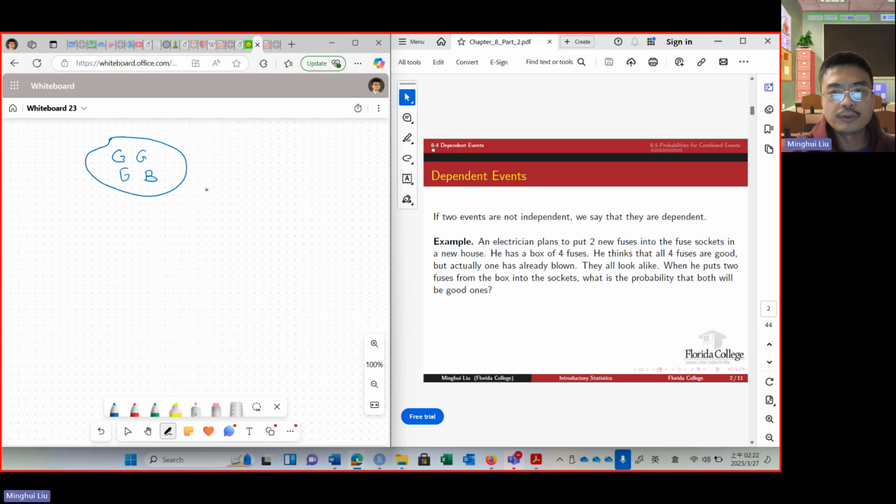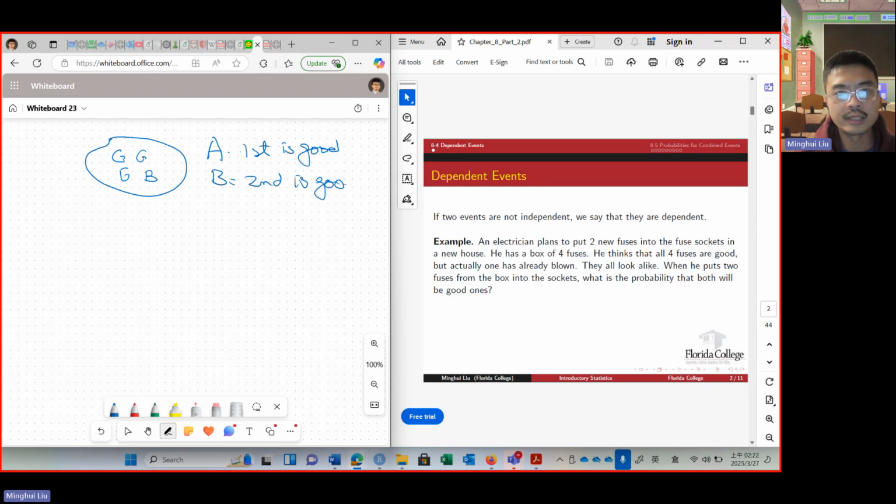So when he puts the 2 fuses from the box into the sockets, what is the probability that both will be good ones? Let A be the event that the first one is good, and let B be the event that the second one is also good.